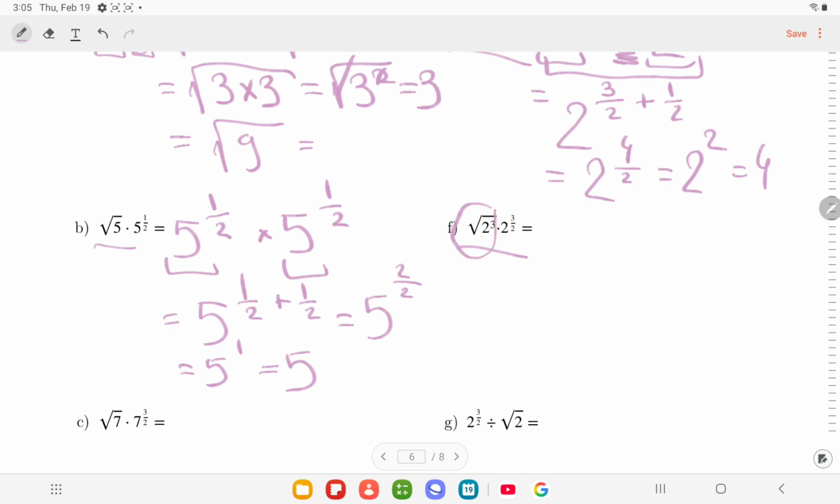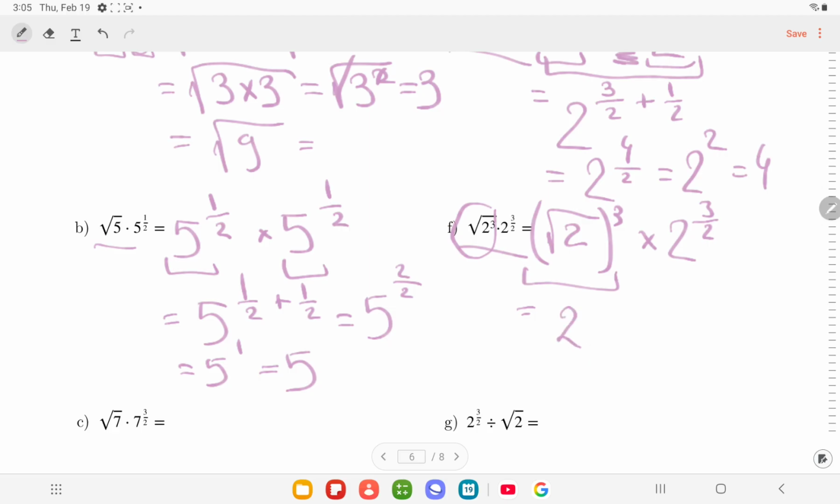Similar idea here. So this term here looks a little bit different than we usually see. So this is equal to the root of 2 to the power of 3 times 2 to the 3 over 2. So how do we put this into an exponent?